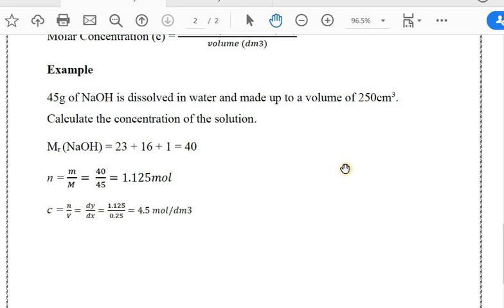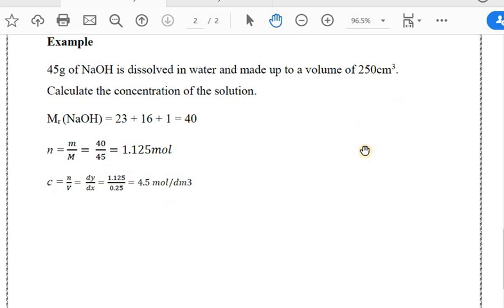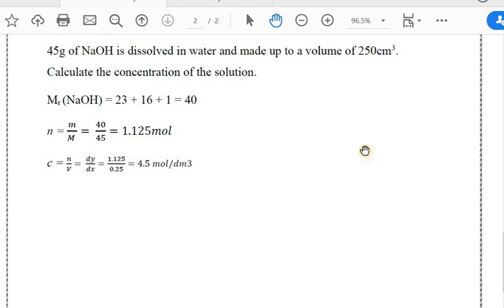The first thing, because this is sodium hydroxide, and sodium hydroxide is a compound, okay? That's the good thing. In this example, we're using a compound. And for this compound, we must still determine the molar mass, or molecular mass, of sodium hydroxide. So you have to go back to your periodic table and look for the mass of sodium, 23, mass of oxygen, 16, mass of hydrogen, 1.